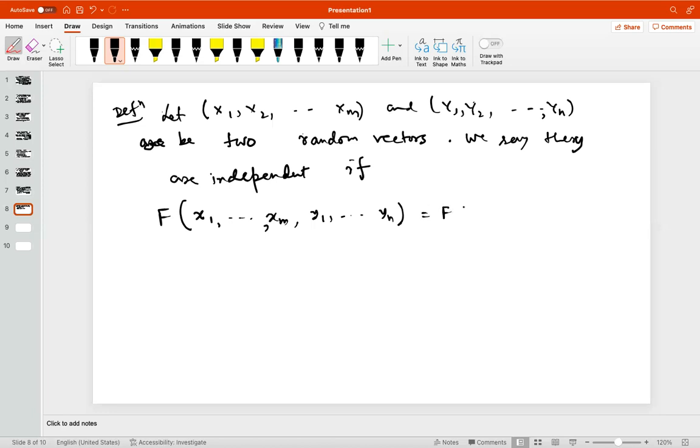is equal to the product of f1, the joint distribution of X1, ..., Xm, and the joint distribution of the random vector Y. That should be true for all real numbers X1, ..., Xm, Y1, ..., Yn.